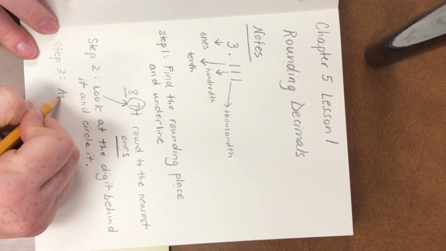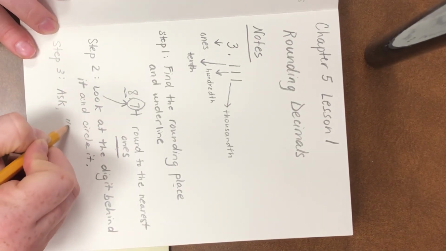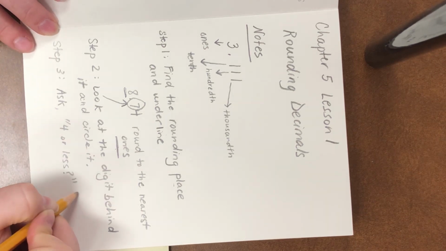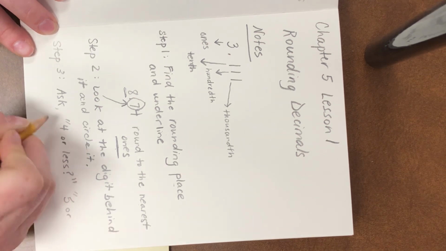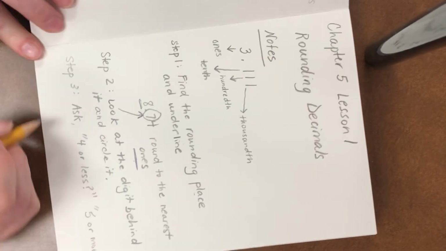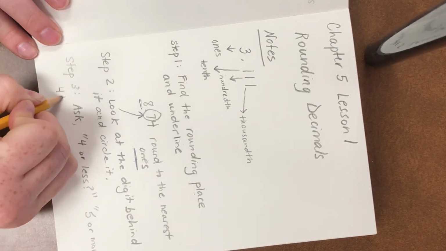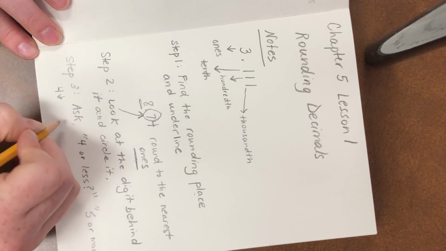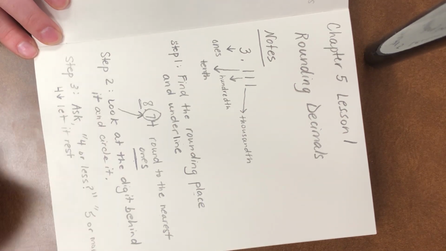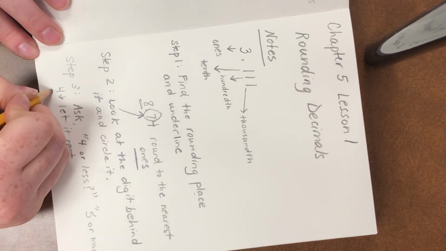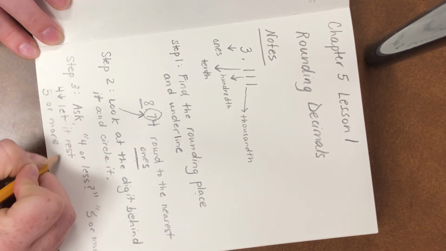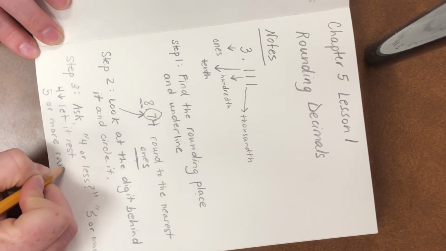We're going to ask ourselves: 4 or less, 5 or more. Remember, if it's 4 or less, let it rest. 5 or more, raise the score.